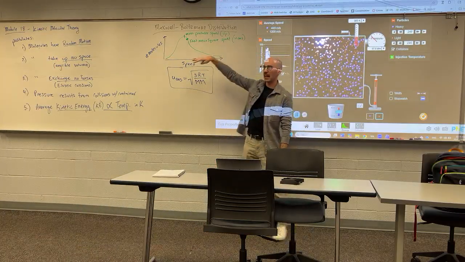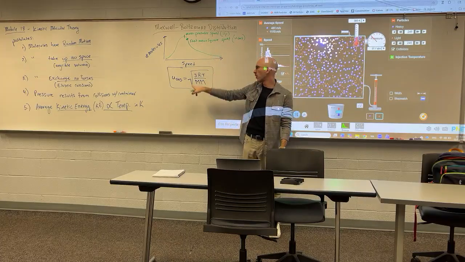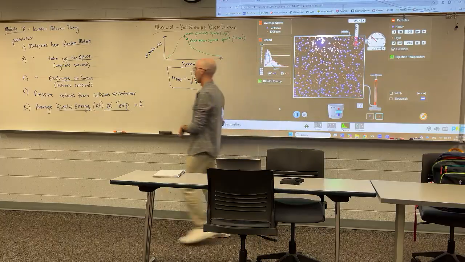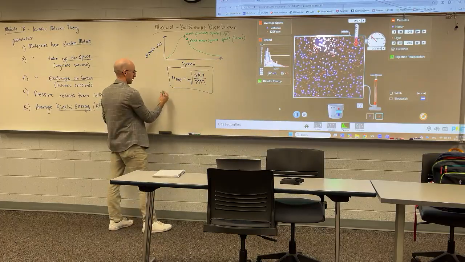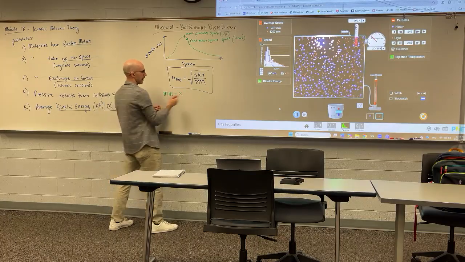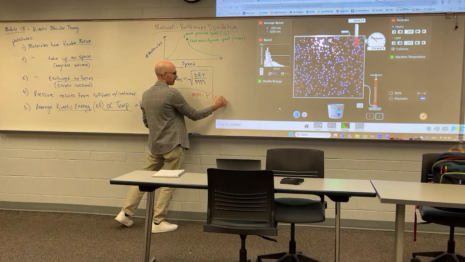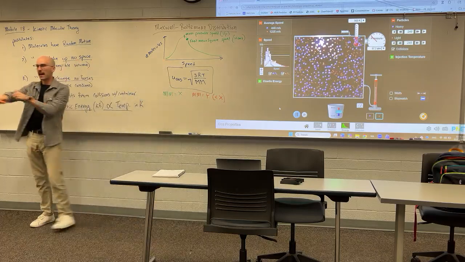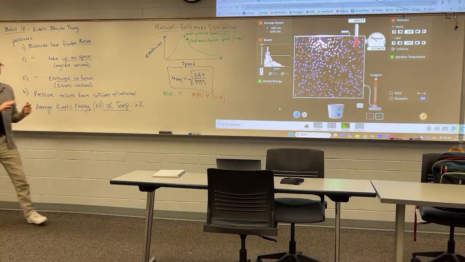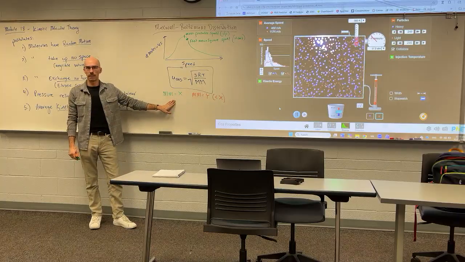In green, I've given you the Maxwell-Boltzmann distribution for a specific chemical with a specific molar mass. So let's say that this molar mass is X. Now let's look at another chemical plotted on here with molar mass Y, which is smaller than X. How will the root mean square of this new chemical compare to this old chemical?